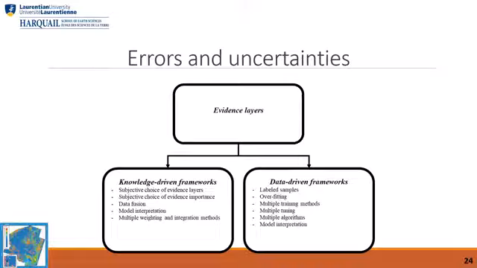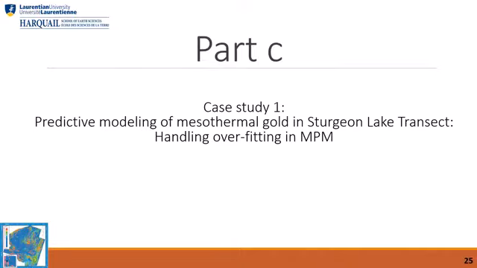So these are all problematic, and we should try to really reduce them. But some of these uncertainties cannot be avoided, and what we do is try to measure them. By measuring them, we are using them for our benefit, and this is something that I'm going to be talking about in our case study.